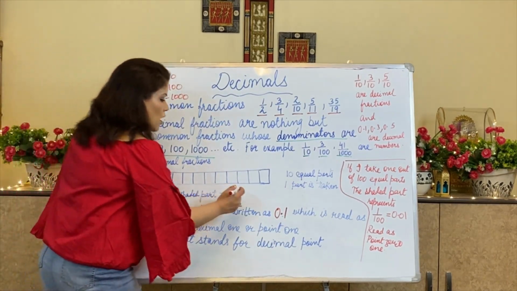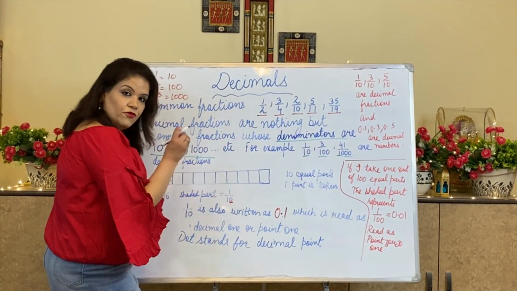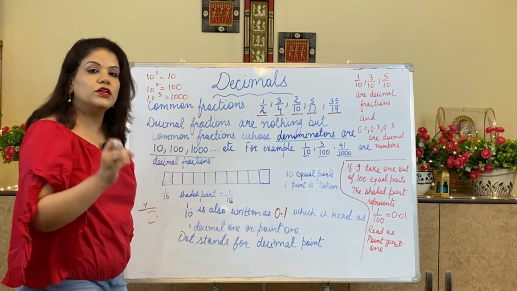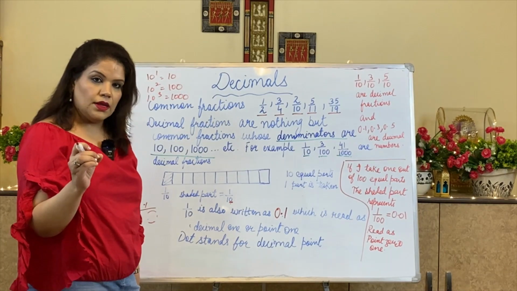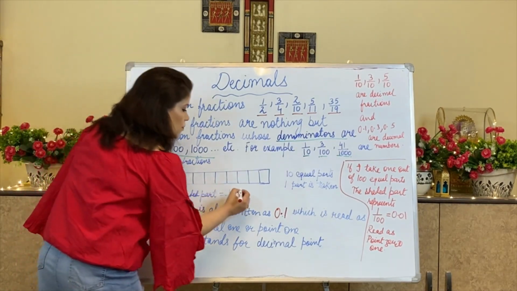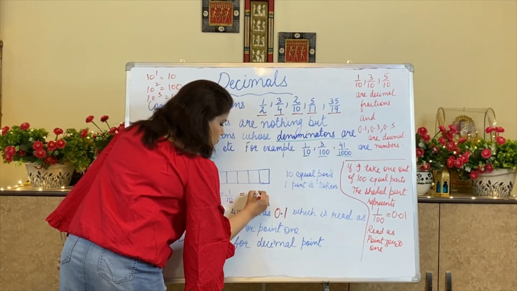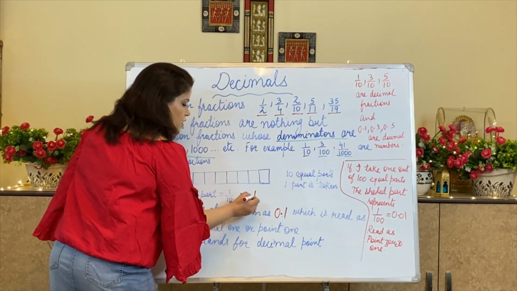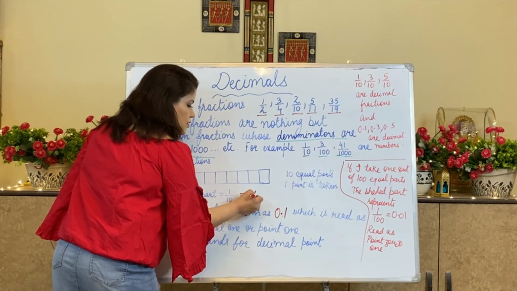Here we have only one zero with 1 in the denominator. So if the numerator is 1, I have to move towards the left only one place. So I have to put the decimal point here.